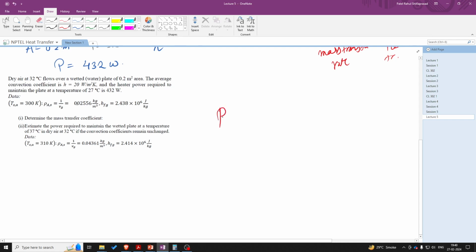As discussed, the power will be equal to the power due to evaporation plus heat transfer. So this will become N_A times h_fg plus Q_A is equal to power. The mass transfer you can write using the average mass transfer coefficient that we have to find.